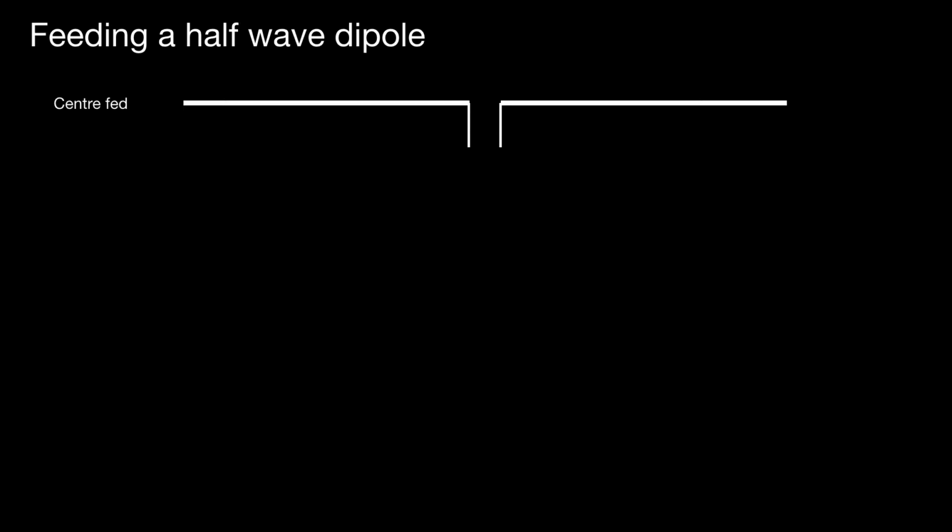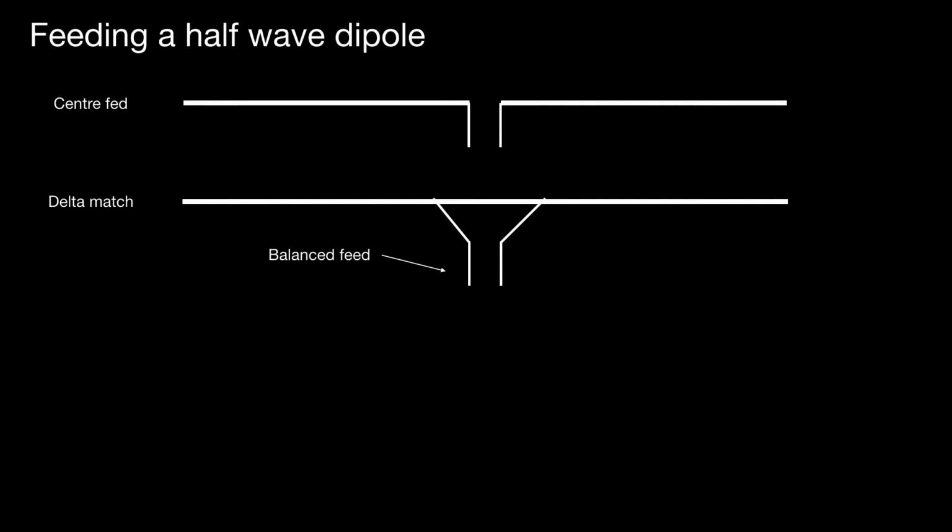Remember that the half-wave dipole is a balanced antenna, and therefore, if we're going to connect to it with 75 ohm coax, for example, we're going to need some sort of balun to convert the unbalanced coax into a balanced feed at the antenna. So we might want to use something like ladder line, a balanced feed, and for that we see typical impedances of 300 or perhaps 600 ohms.